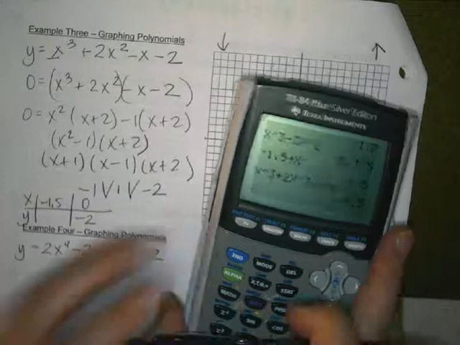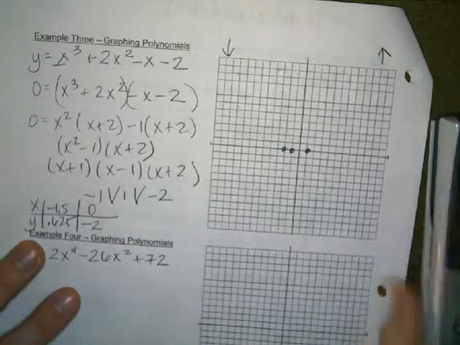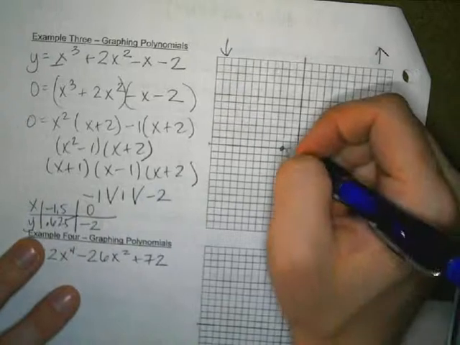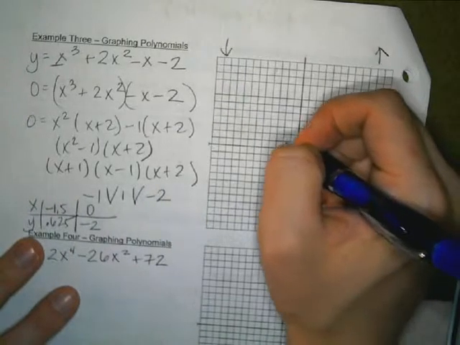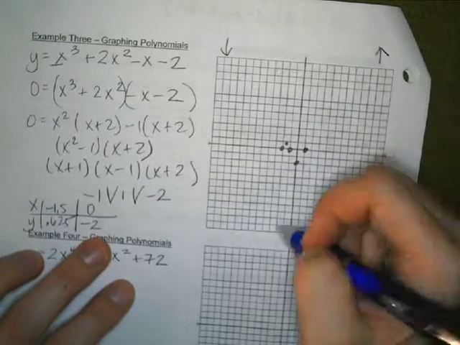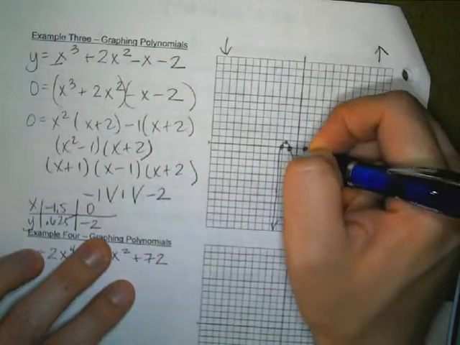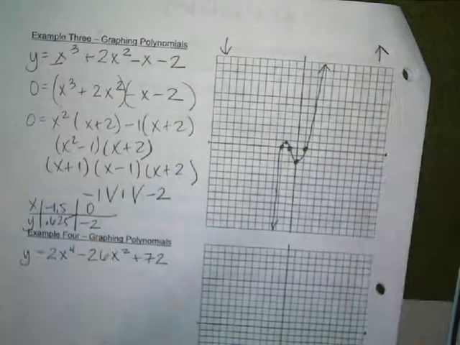You get 0.625. Okay. So -1.5, 0.625 is going to be really close there. And then 0, -2. And then we can draw my graph and connect my dots. There we go.